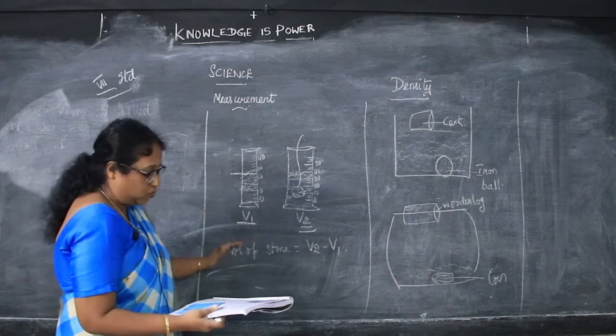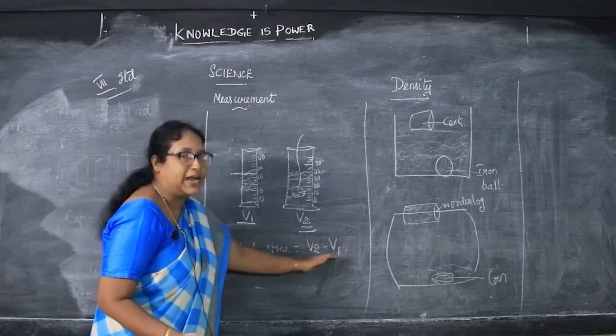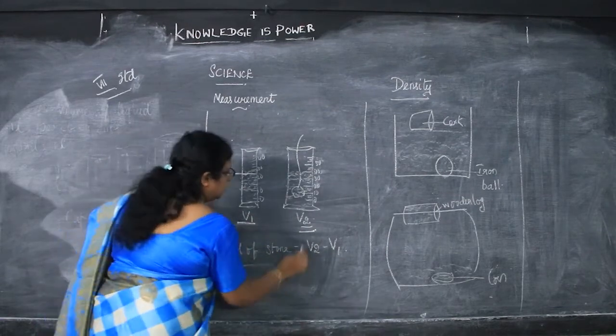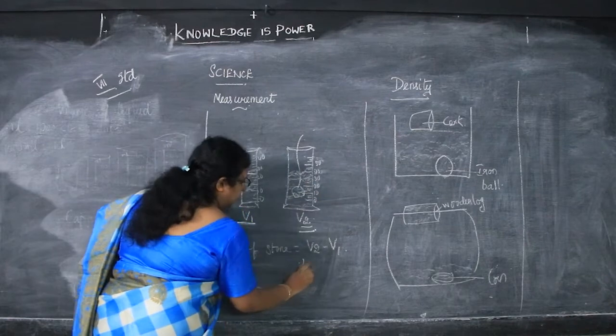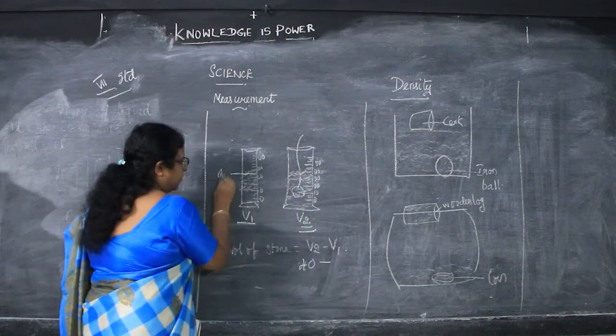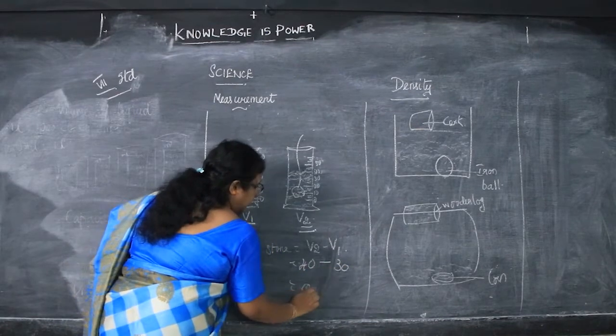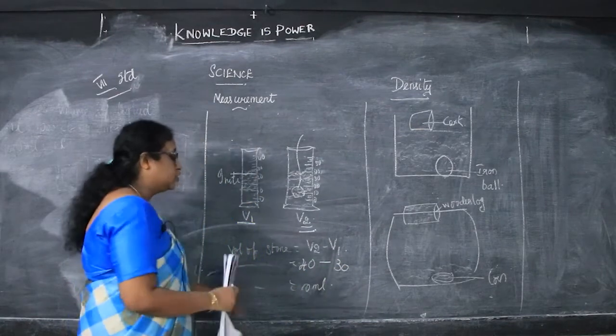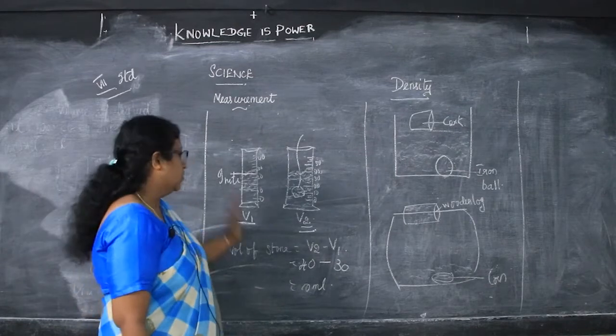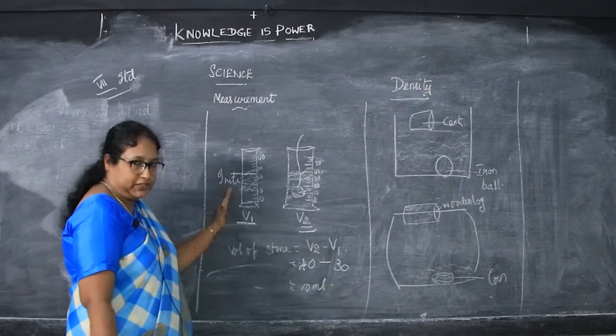Now you have to find V2 minus V1. V2 is raised up to 40, minus the initial level 30, which is equal to 10 ml. So the volume of the stone is 10 milliliter.